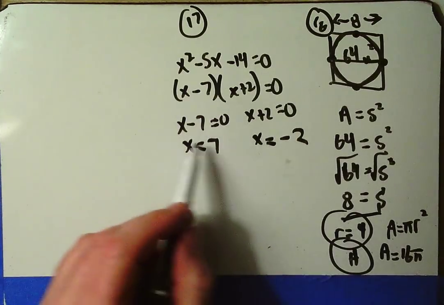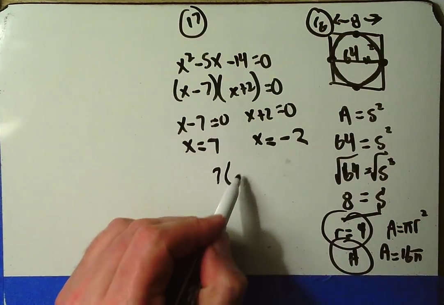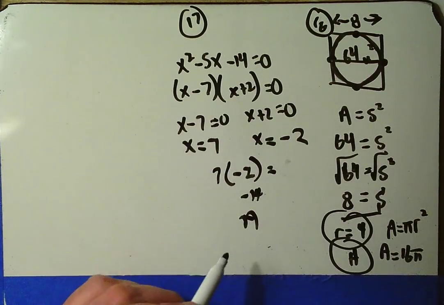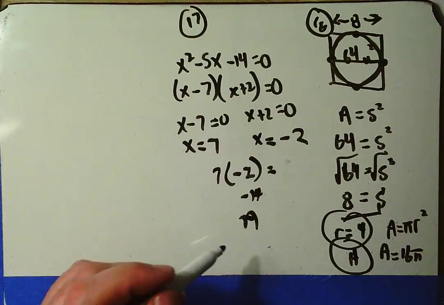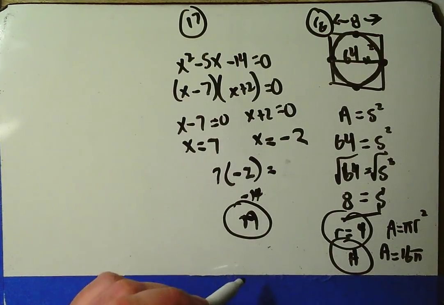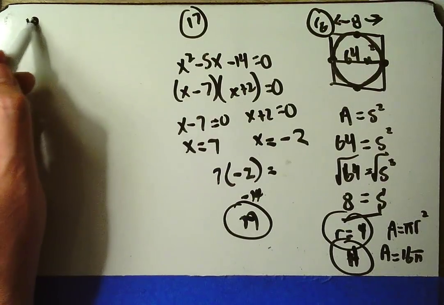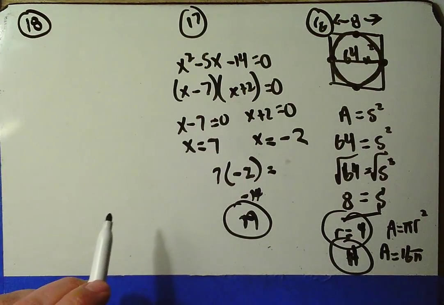The product of these solutions, 7 times negative 2, is negative 14, or choice A for 17. 17 is A. 16 was H, 17 is A. Let's take a look at 18.